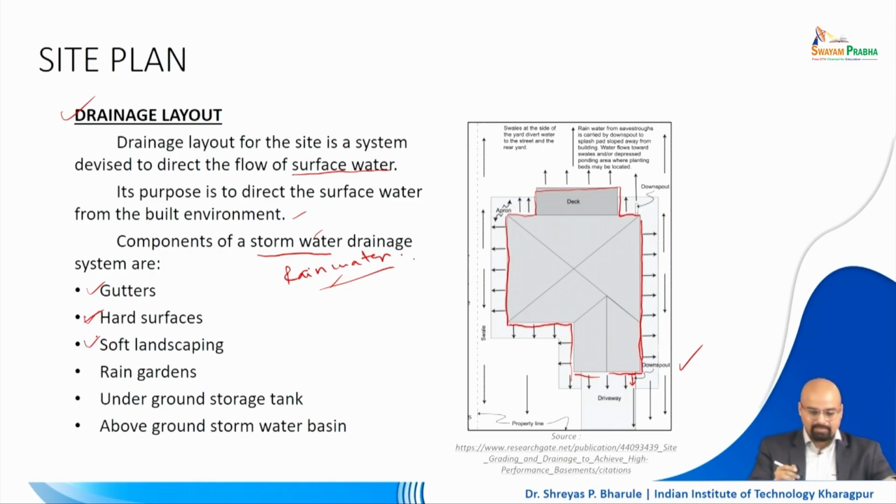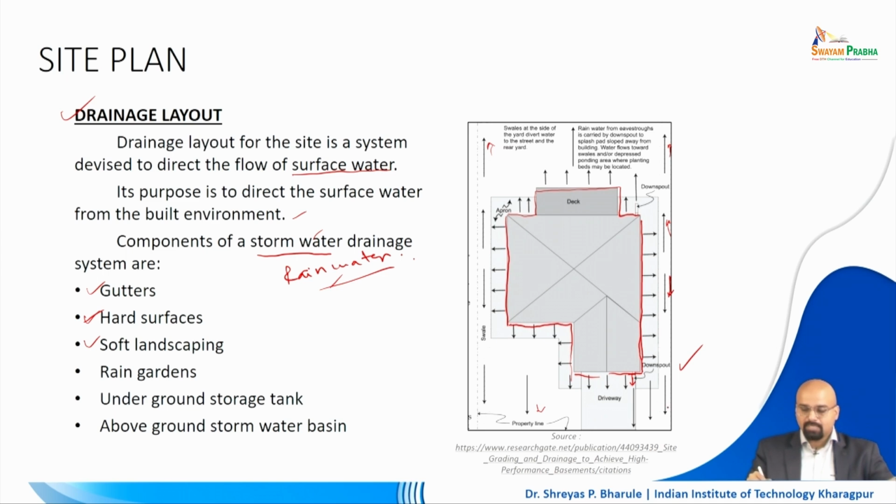Then you have soft landscaping. In case of a large landscape, you also need to have a certain degree of rolling slope, or else what will happen? Water will stagnate there. In this particular case, if you observe, there are two arrows pointing towards the edge of this particular site, right?